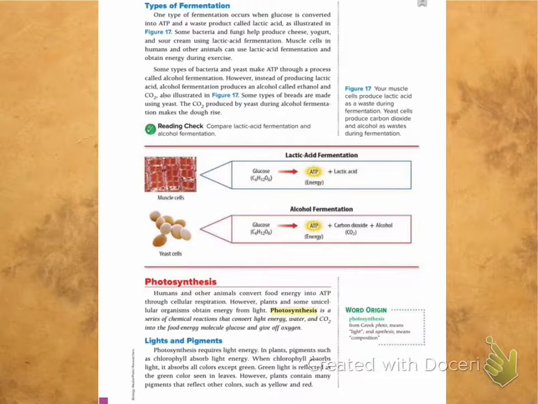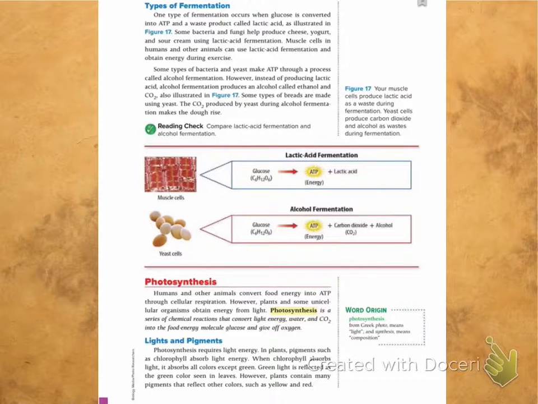Types of fermentation. One type of fermentation occurs when glucose is converted into ATP and a waste product called lactic acid, as illustrated in Figure 17. Some bacteria and fungi help produce cheese, yogurt, and sour cream using lactic acid fermentation. Muscle cells in humans and other animals can use lactic acid fermentation and obtain energy during exercise.